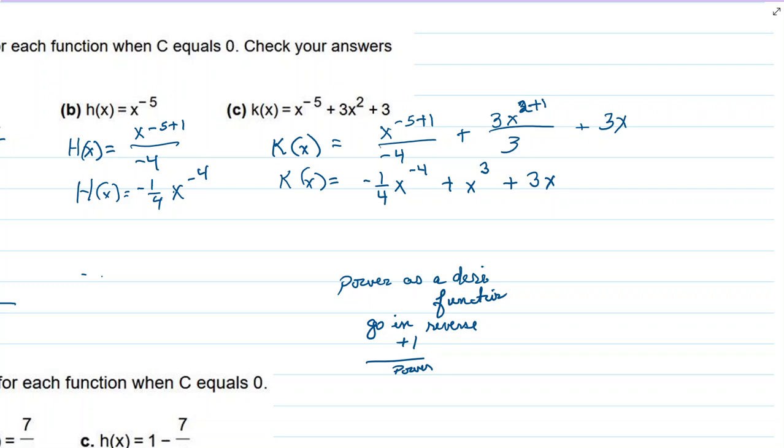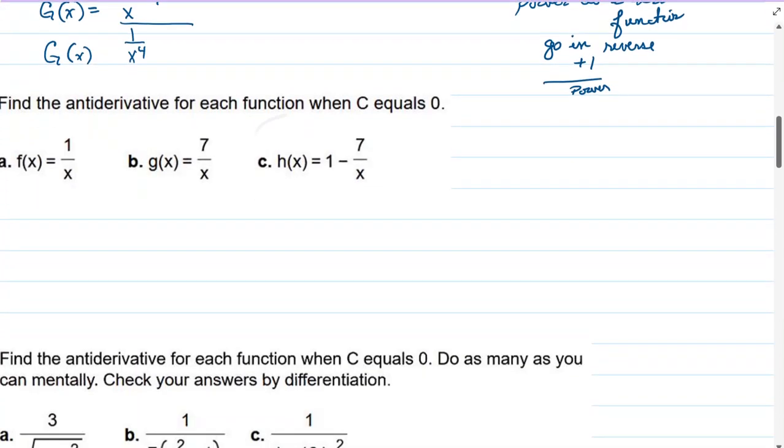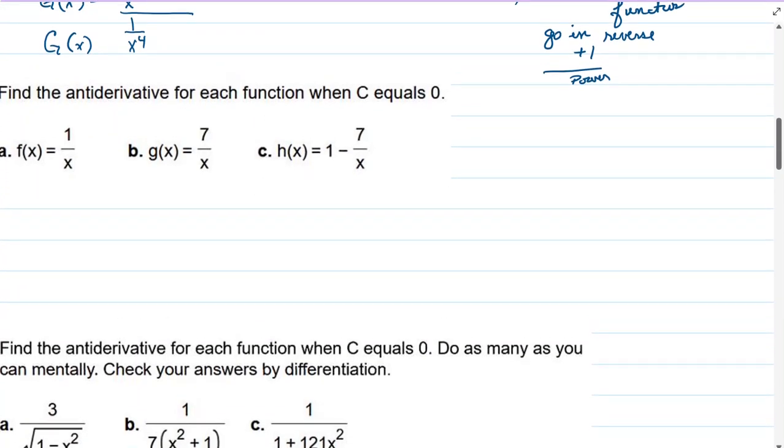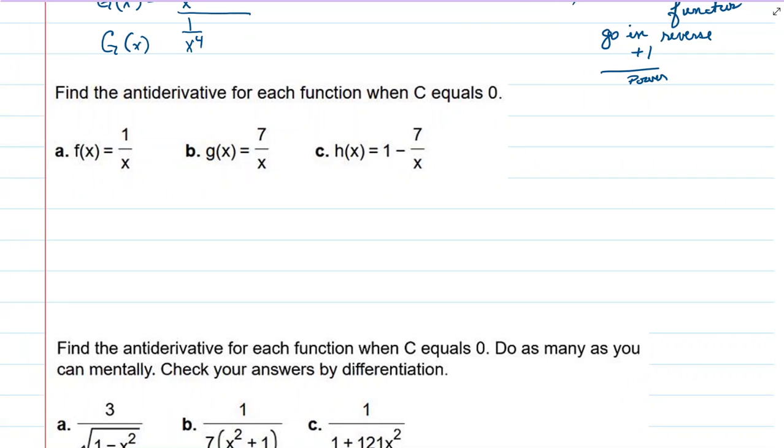All right. So then we come to this one right here. Now on your homework, you have quite a bit, mainly because you want to see all forms of this. So how do I get 1 over x taking a derivative? ln of x. Good. If I have this, I'm not putting it as x to the negative 1 and adding 1, because I'm going to get 0, which is 1.